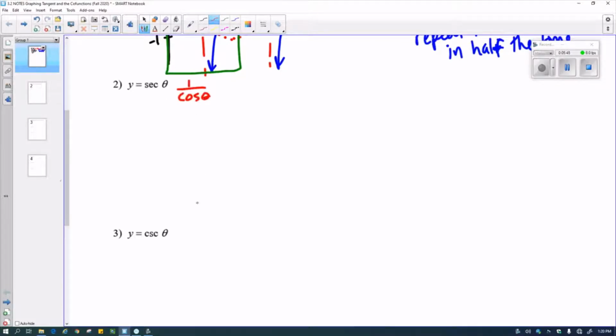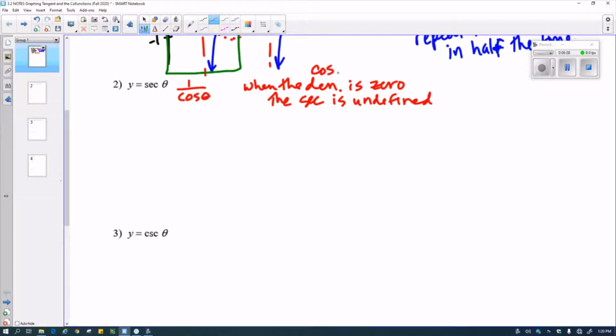So again, when the denominator is 0, the secant is undefined. Again, my denominator here is cosine. So when the cosine is 0, the secant is undefined, just like it was in the tangent.